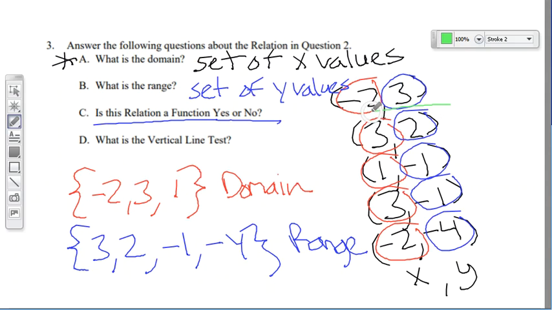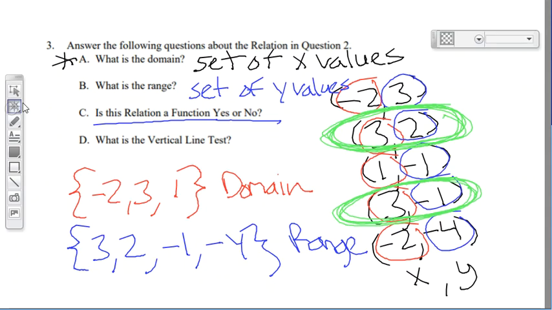Okay, so we can see that we have an x value of 3 right here that has a y value of 2. We have 3 right here again, but it has a y value of -1. So 3 is being paired with both 2 and -1. So this would not be a function.